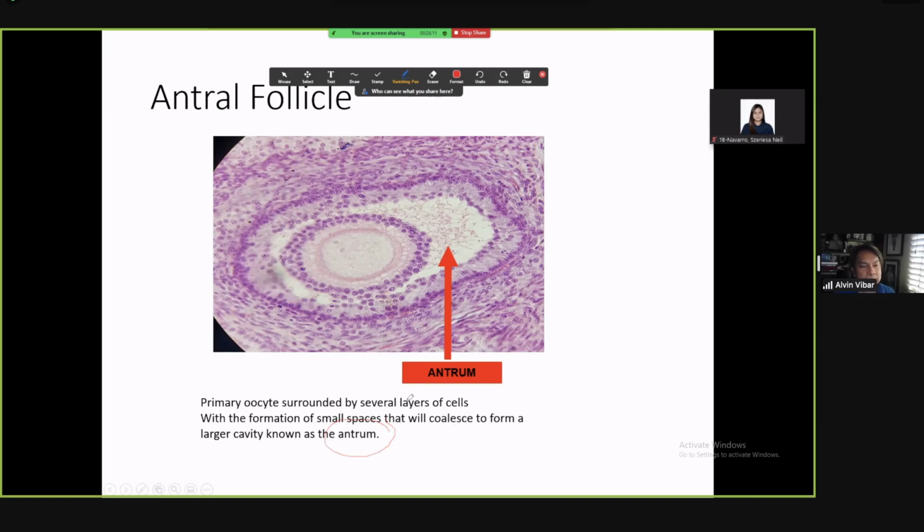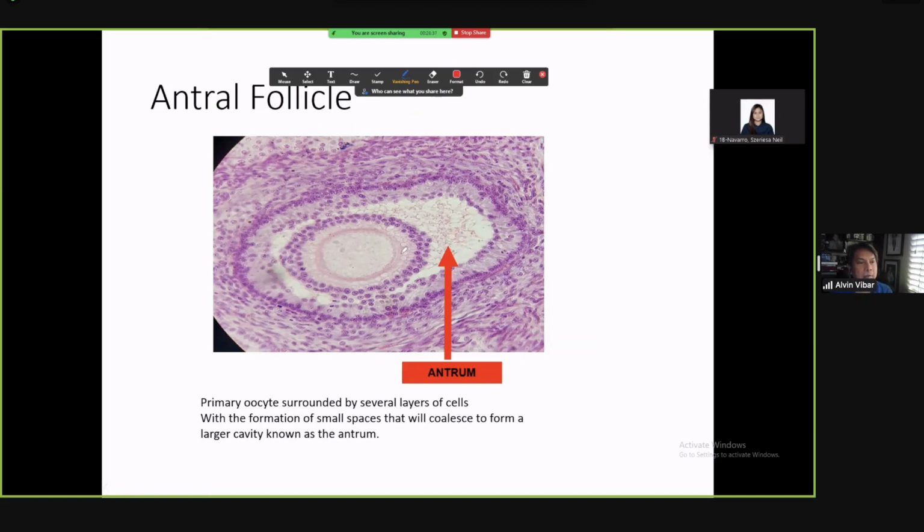The primary oocyte is surrounded by several layers of cells, and there's a formation again of spaces. The space we call the antrum. The stage of development that will guide you to identify that is the antral follicle, because you could see the appearance of an antrum.